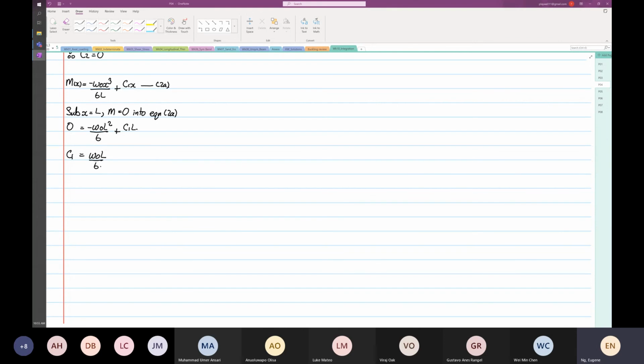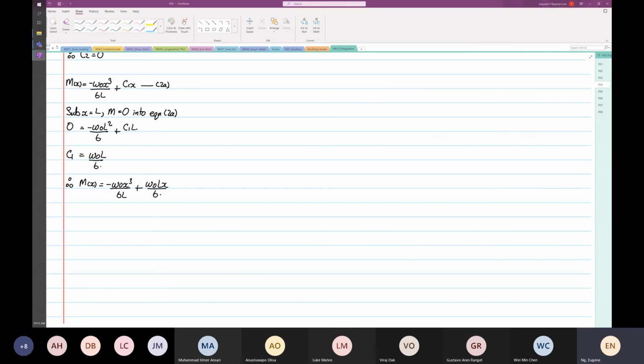So therefore, we can now write down m as a function of x is equal to minus omega naught x cubed over 6L plus omega naught L x divided by 6. Okay, we can write that down there.